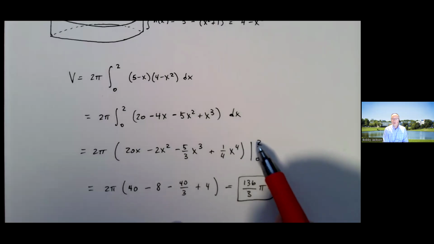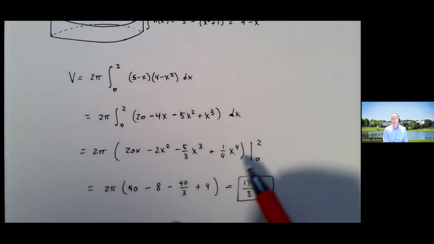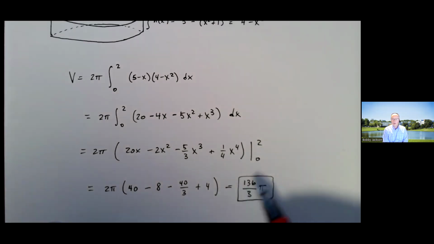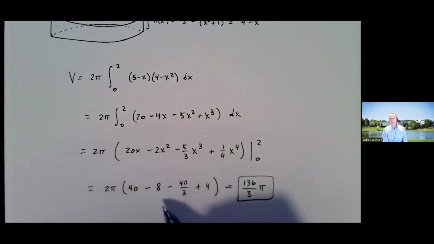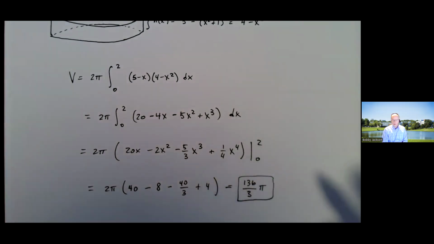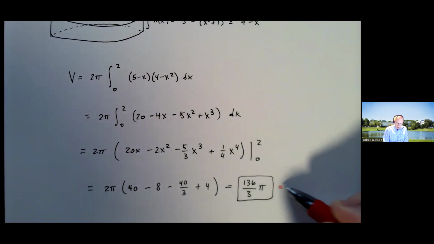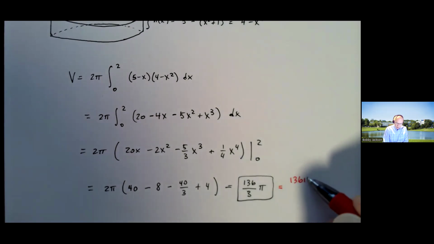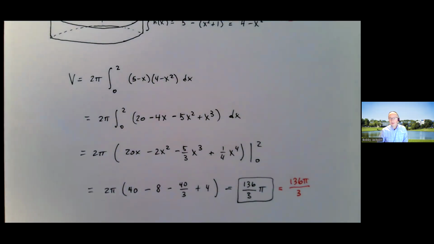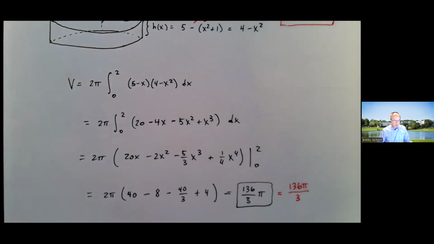Then I plug in 2, I get this, plug in 0, of course you just get 0. You can use your calculator maybe to help with this, but to get the exact value, make sure you can do that. Don't forget your pi here. You get 136 thirds times pi, or you can write that as 136 pi over 3, same thing. And that is how you do this one. Kind of an interesting problem here. Okay, I hope this helps.